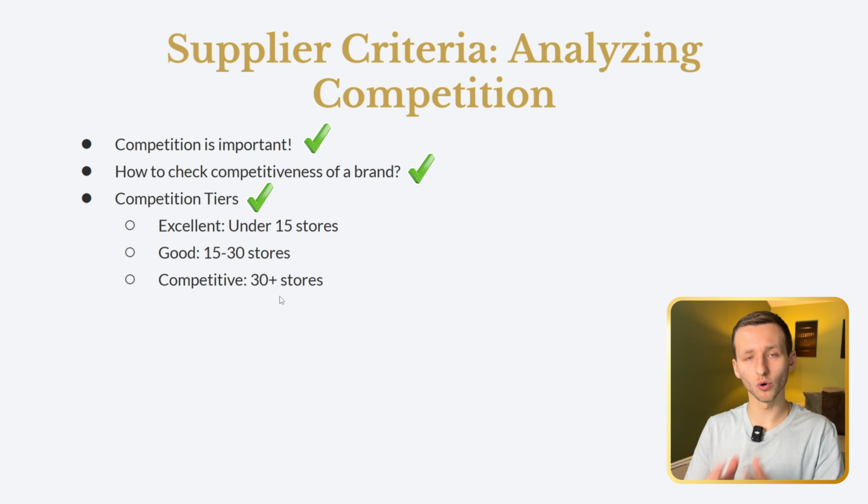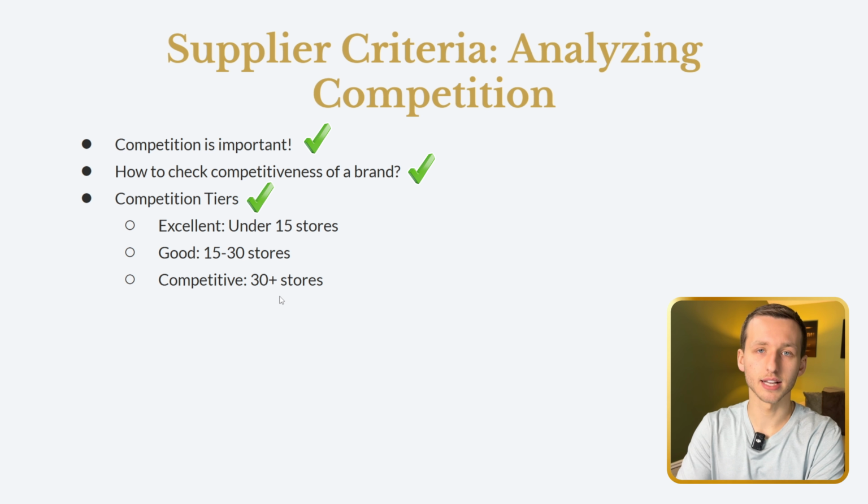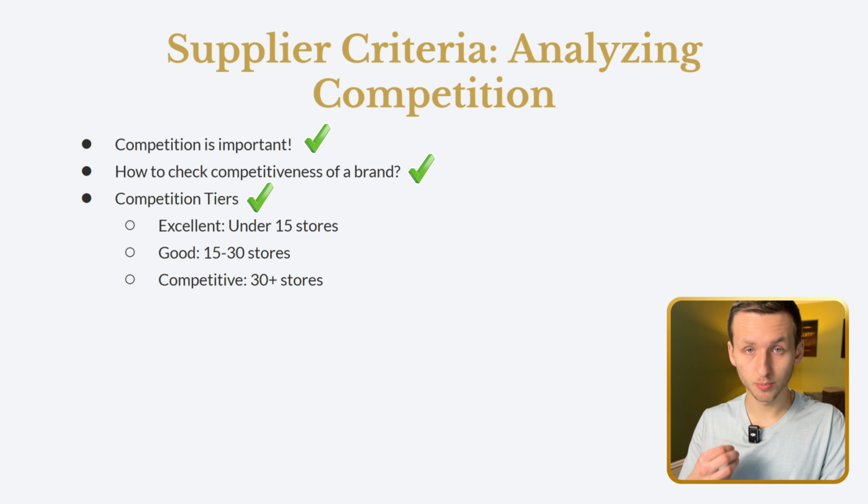Now, before we jump into analyzing competition, I want to make it super, super clear. This is not a deal breaker. Just because a brand has 30 plus stores technically means it is competitive, but it doesn't mean I don't want to add them to my website, because there could be 70 stores. I don't care, because 50% of those stores won't pick up the phone.